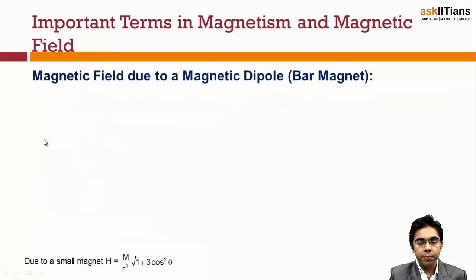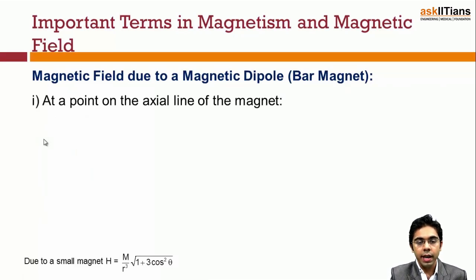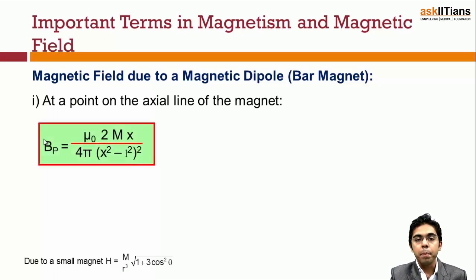Now let's proceed. The magnetic field due to a magnetic dipole at a point on the axial line of the magnet can be defined as Bp equals mu naught by 4 pi times 2mx divided by (x square minus L square) whole square. This x is the distance of point P from the center of the magnet, and L is half of the magnetic length.